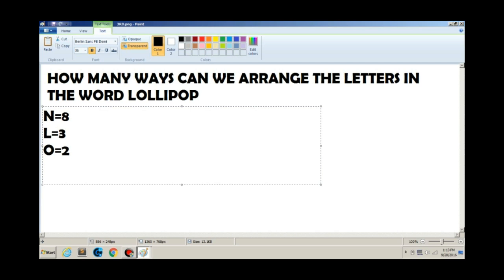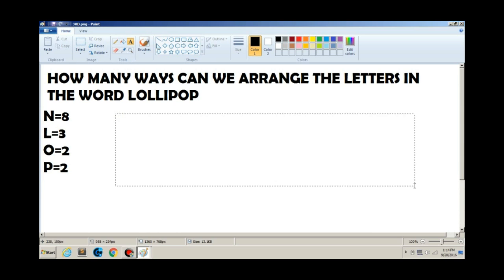I is not repeating, so let's just not include it. P is repeating 2 times, just like with letter O. So P equals 2.